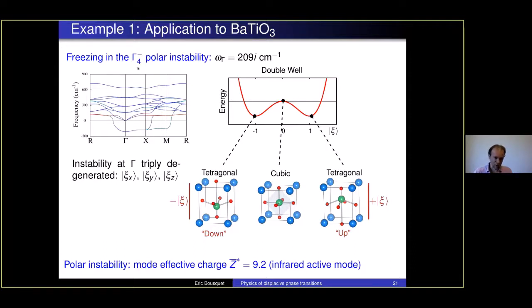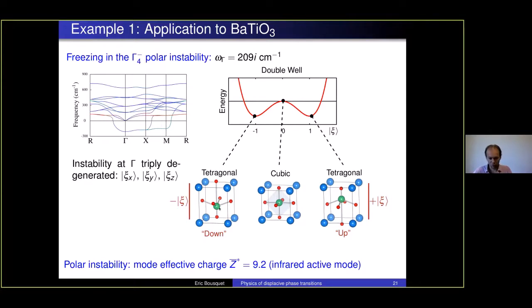Here you have a polar mode, and for each phonon frequency you have an eigenvector associated to it. The eigenvector can be along X, Y, or Z because it is cubic. So the three directions are equivalent by symmetry. This is why you have a degeneracy of 3. Actually, you have 3 phonons with the same frequency, depending on which direction you go, X, Y, or Z.